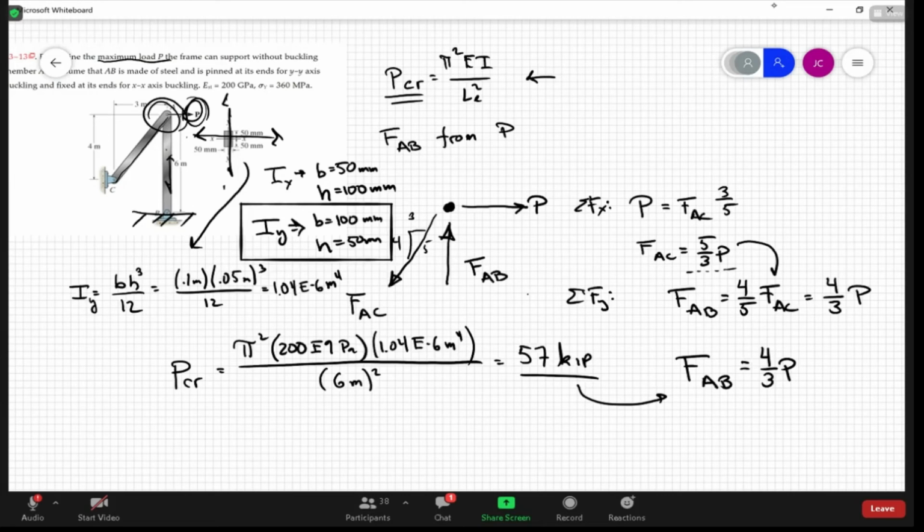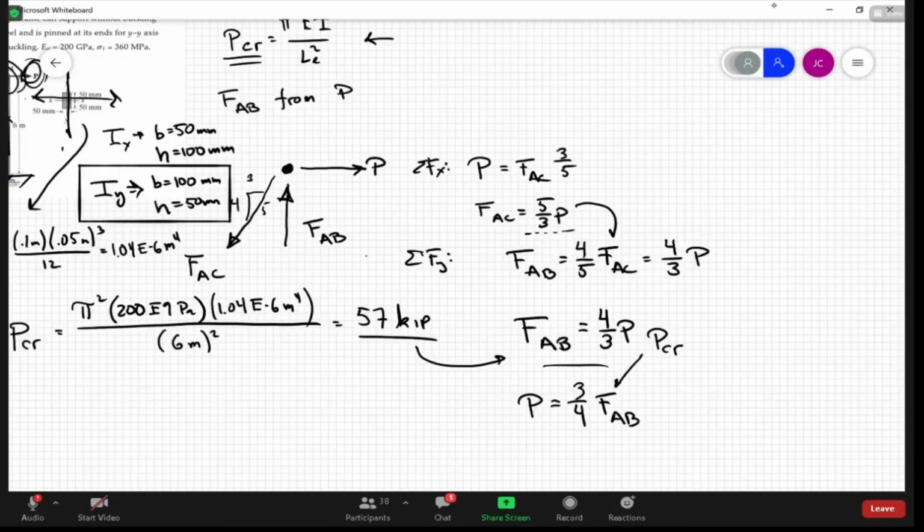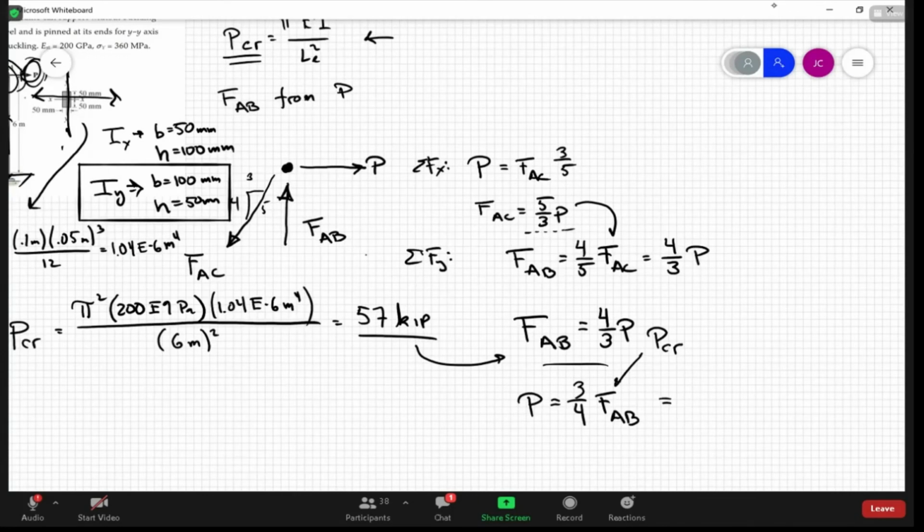Well, we know that just from this relationship that P is equal to 3/4 of that internal force. And so what we're going to put into here is the critical buckling load for that, right? That's the one where AB fails. So this is going to tell me that the structure will fail when the force P is greater than 3/4 of the 57 kips.